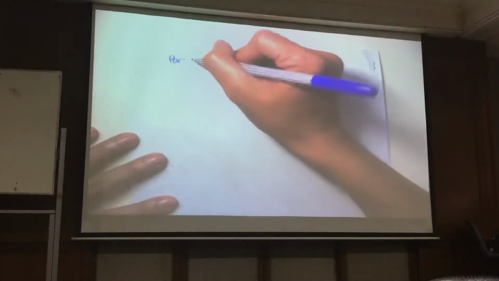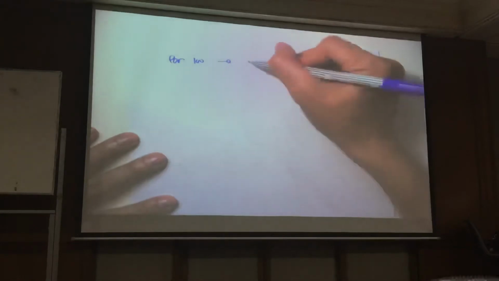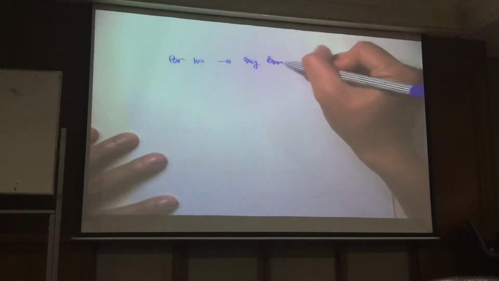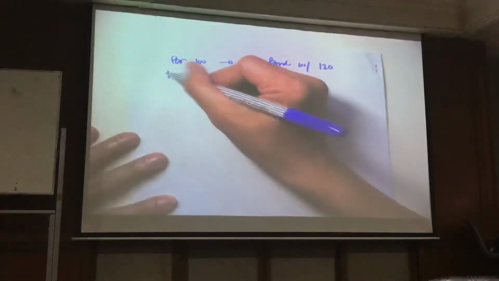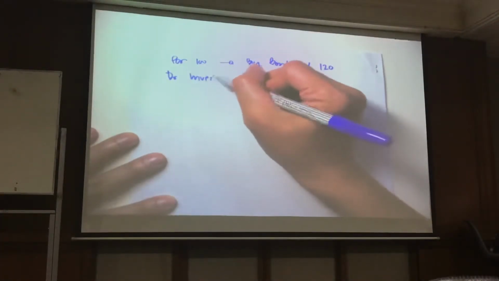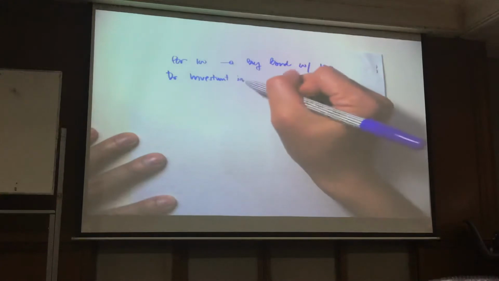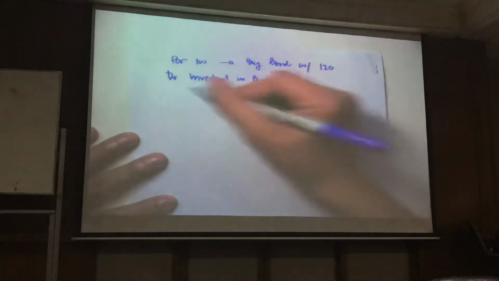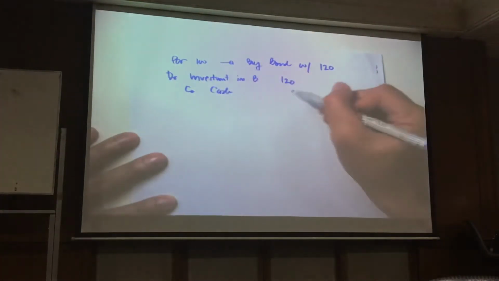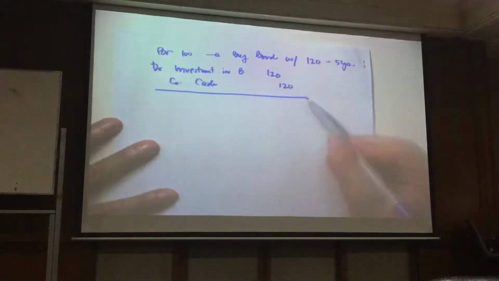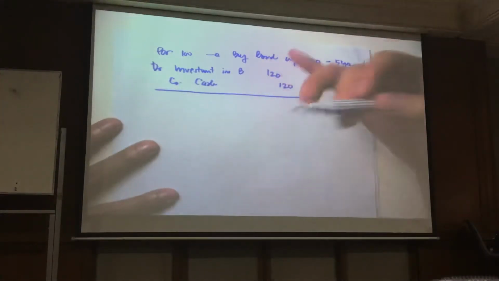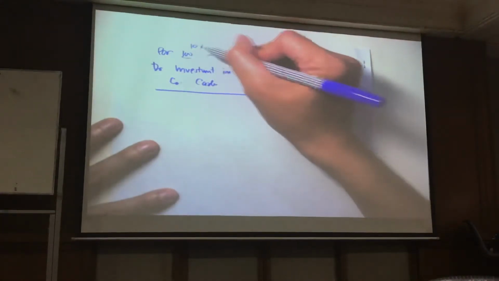Say the par value is 100, but you buy the bond for 120. When you first buy, you debit investment in bond for 120 and credit cash for 120. Let's say the bond lasts for 5 years, and the bond pays 10% interest.